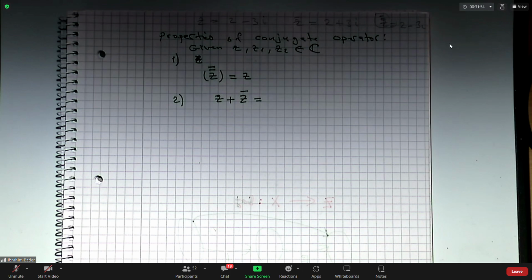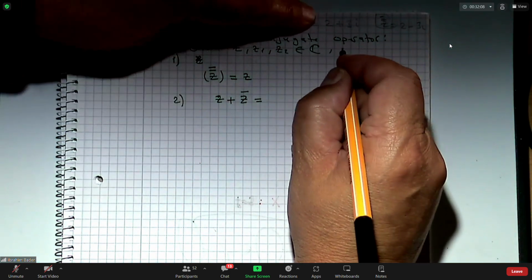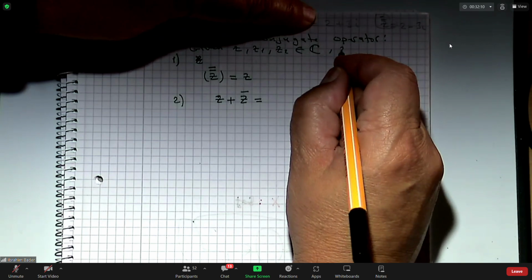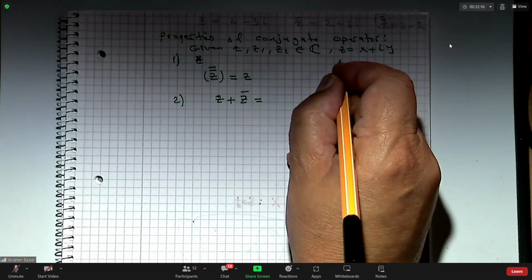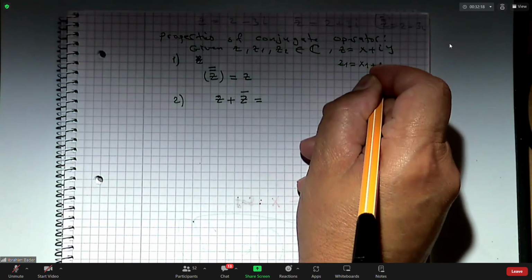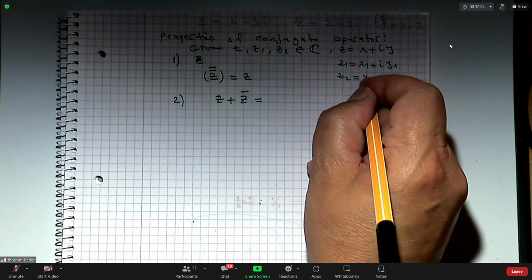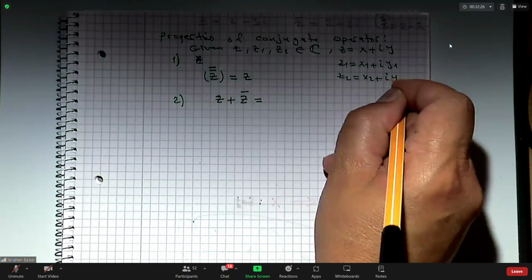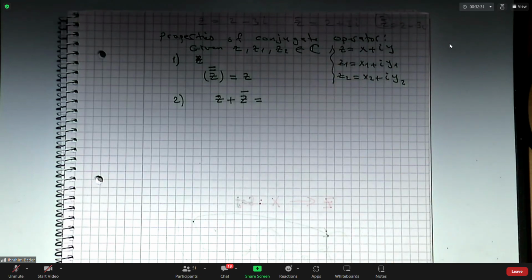Because by definition, the imaginary part once will be positive, the other will be negative, so it will cancel out. Here z equals x plus iy, so by definition z1 equals x1 plus iy1, and z2 similarly. This is just the breakdown of these three definitions, related to the assumption.